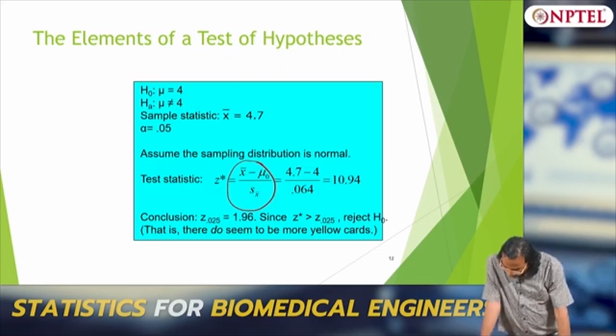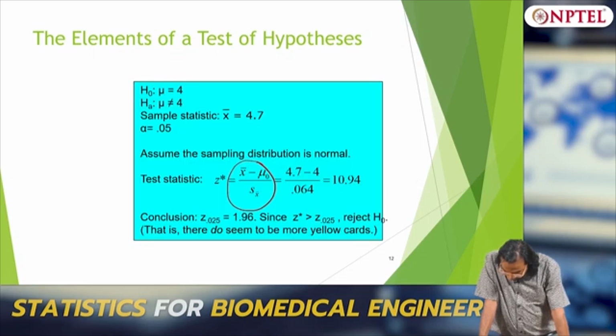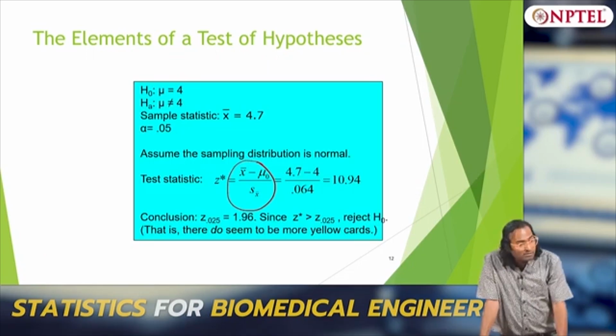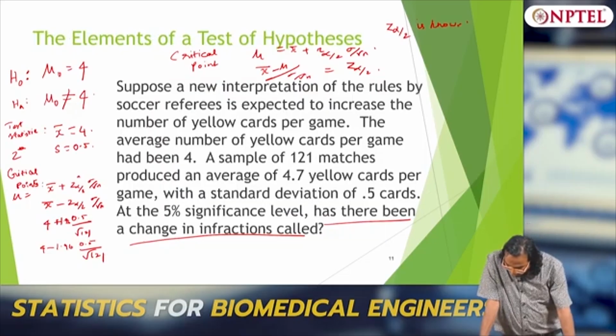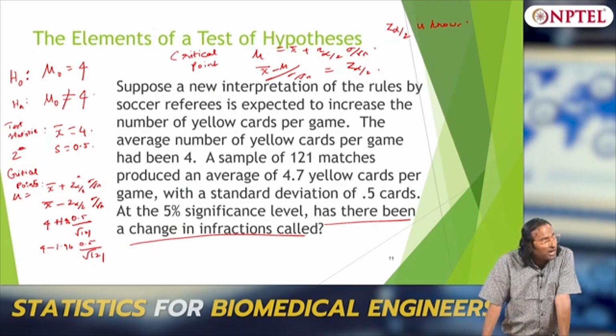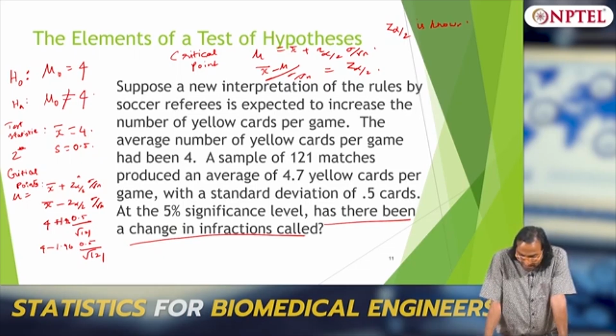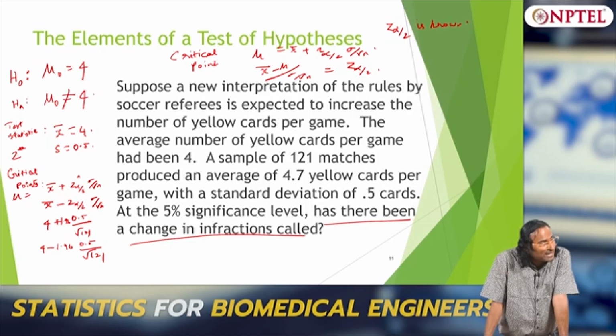0.5, why is it, what is, no, okay, sigma by root n, right, no, this is standard deviation of the original. So look at this, a sample of 120 cards produced an average of 4.7 per game with a standard deviation of 0.5 cards. What is the standard deviation?